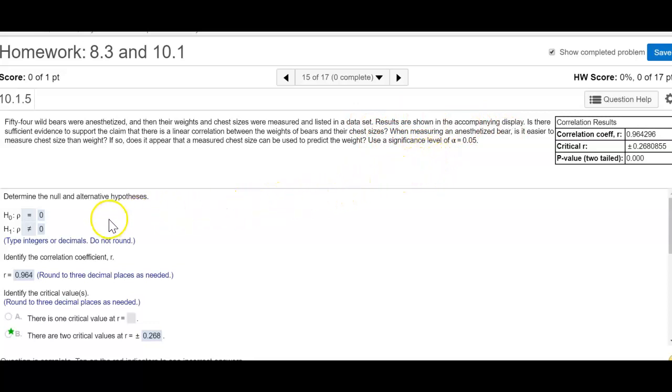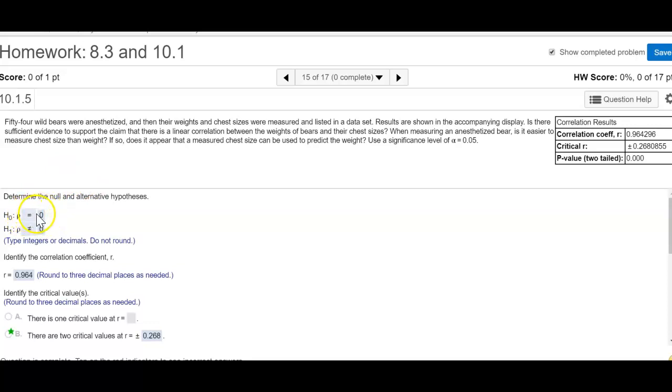So, first off, our null and alternative hypotheses. What we're looking for is whether there is a linear correlation between these. It didn't say positive or negative, so we're doing the two-tailed test here.